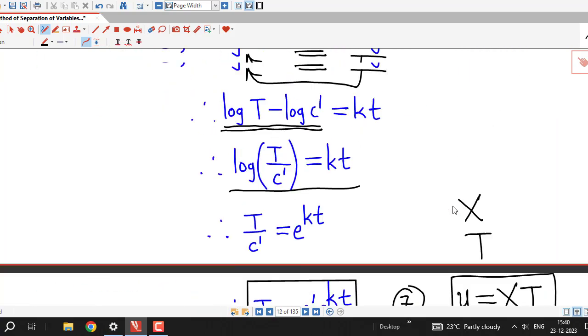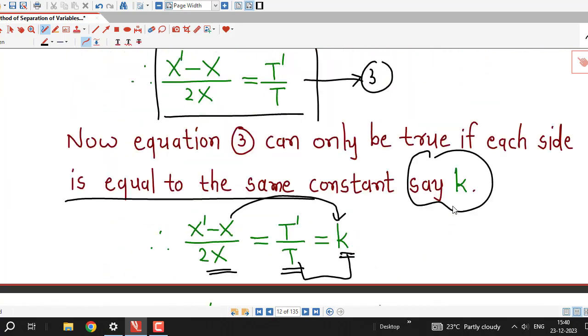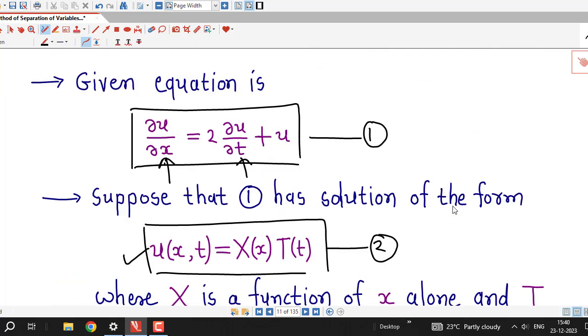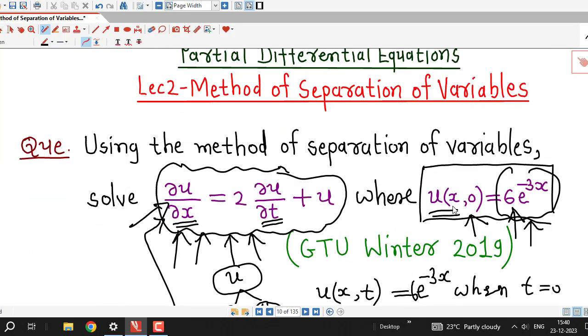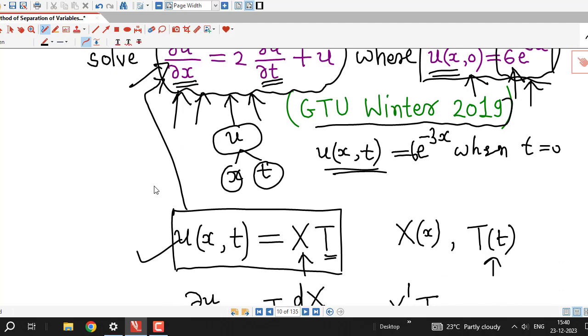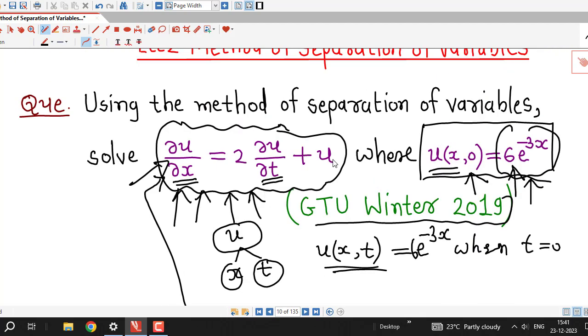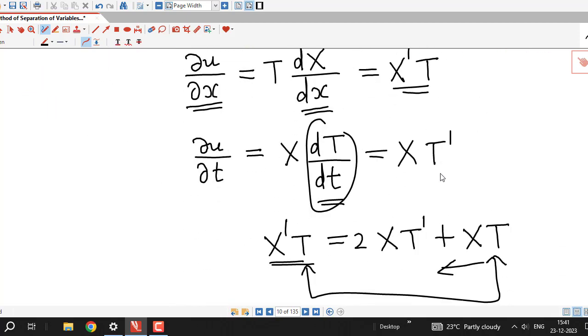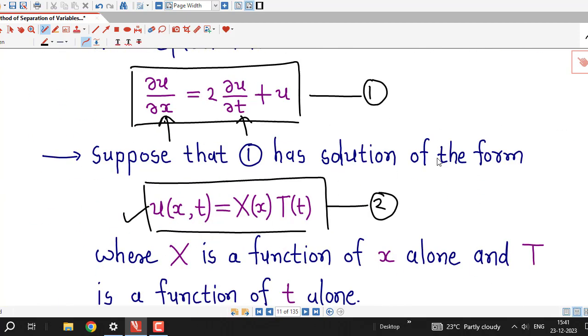So this is a very easy method, and they generally ask one question on the method of separation of variables in the GTU exam. This question was also asked in the GTU Winter 2019 exam. So we have discussed the solution of this partial differential equation satisfying this initial condition using the method of separation of variables.